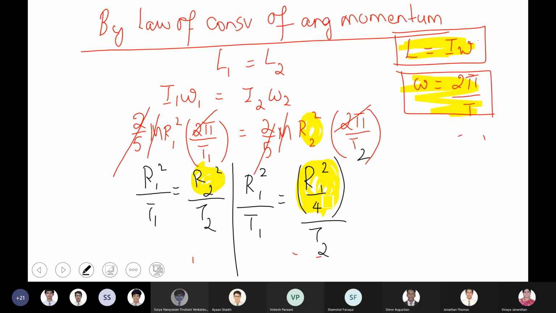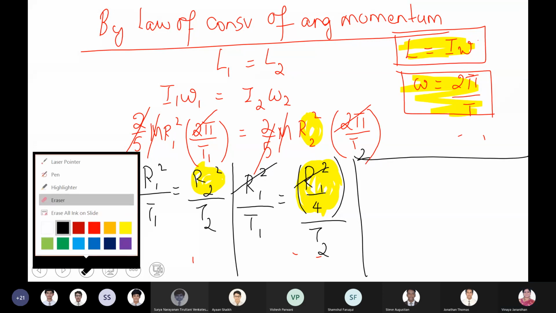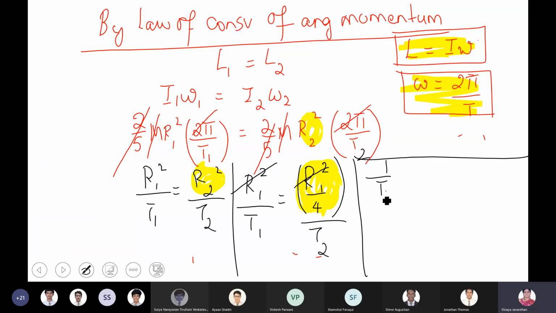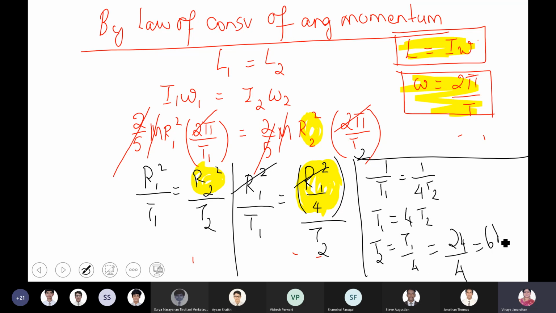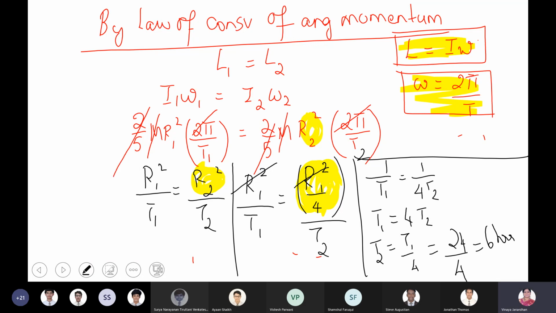So now these both will get cancelled. So what am I going to get? 1 by T1 is equal to 1 by 4 times T2. Or I can write T1 is equal to 4 T2, or T2 is equal to T1 by 4. So that is 24 by 4. So T2 is 6 hours. The new time period is 6 hours.